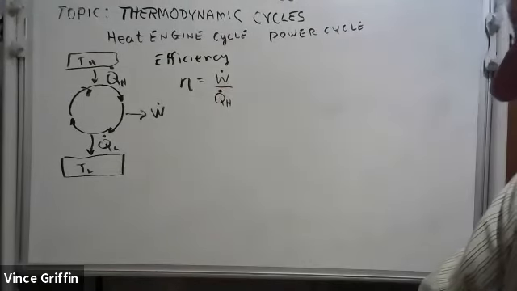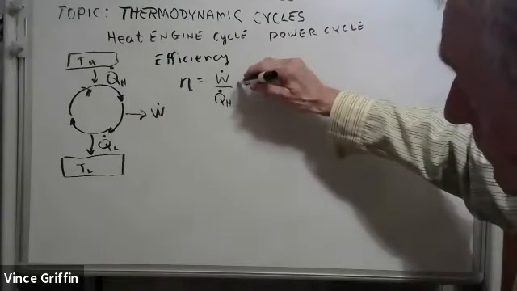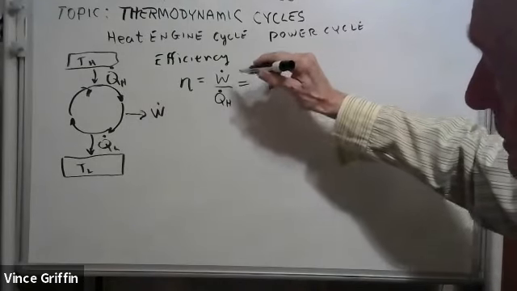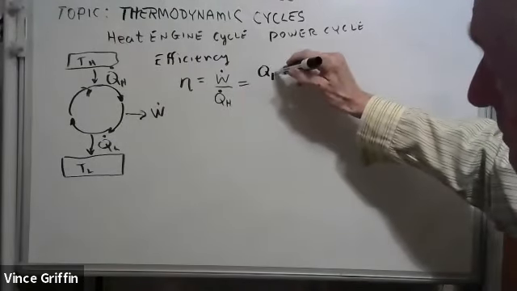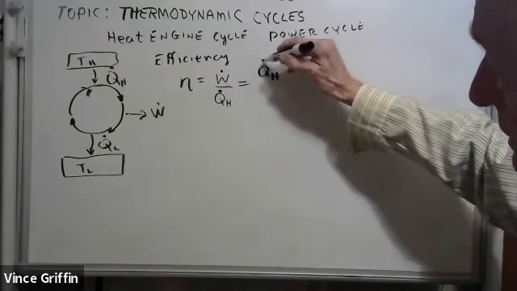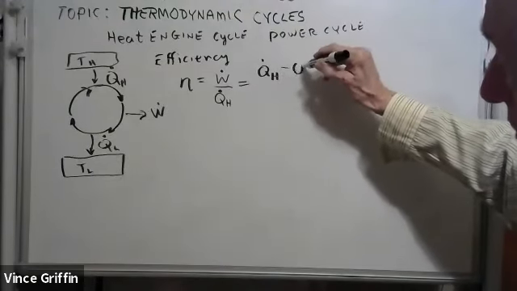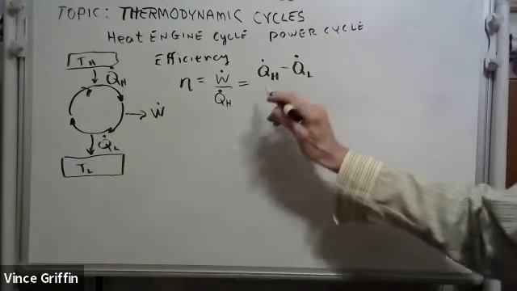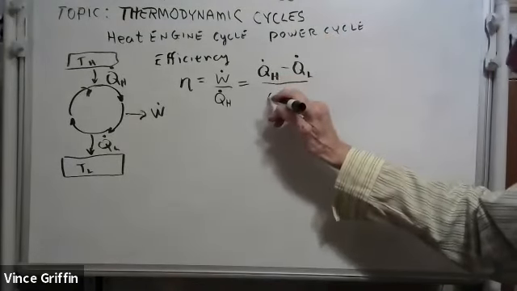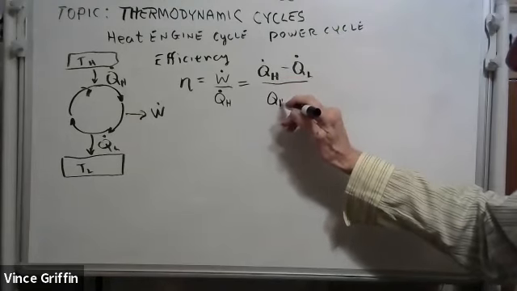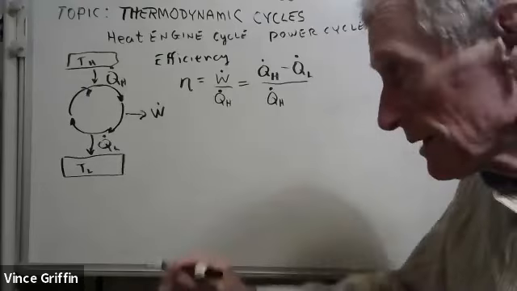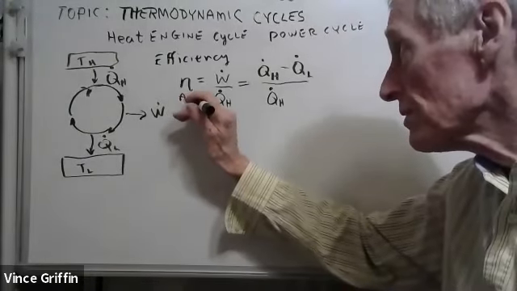It's going to cost you money to buy the fuel for the heat engine. Now, according to the first law of thermodynamics, that power has to equal the difference in the heat transfer rates. So you can write the efficiency like that.